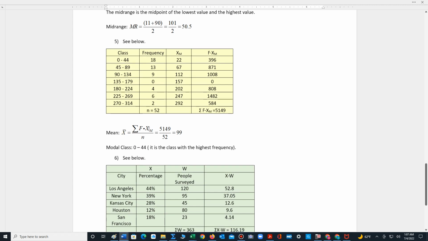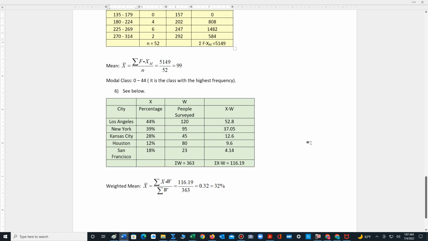It's the sum of the last column divided by n. So it's 5,149 divided by 52. And if we round to the tenths, it's going to round to 99. So the mean is 99. And then the modal class, that's the class with the highest frequency. Well, the highest frequency is 18, so the modal class is 0 to 44.